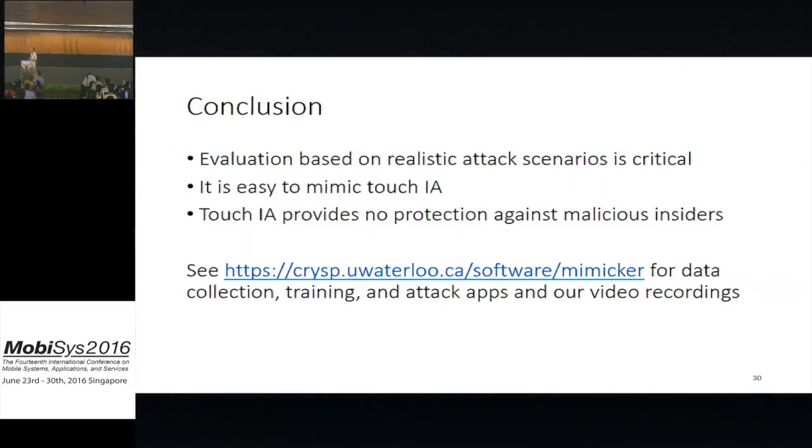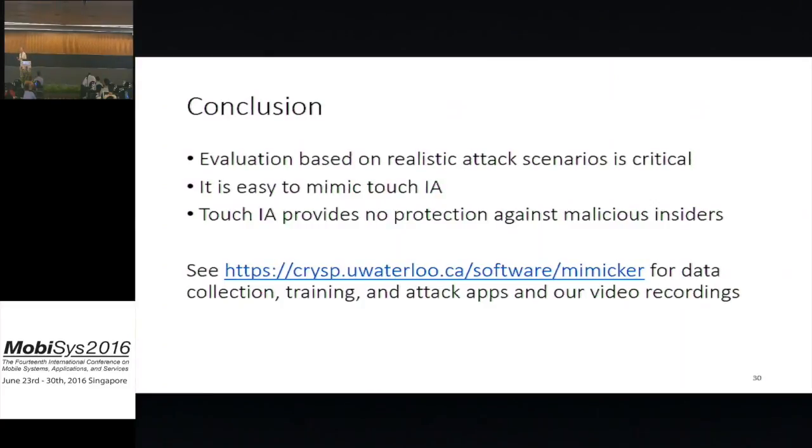Sorry, too quickly. So let me conclude the talk. One thing we learned from this work is that if you evaluate an implicit authentication scheme, it doesn't have to be touch, any kind of implicit authentication scheme, it is crucial that you are aware of the threat model, that you are aware of realistic attack models and take them into account in your evaluation.